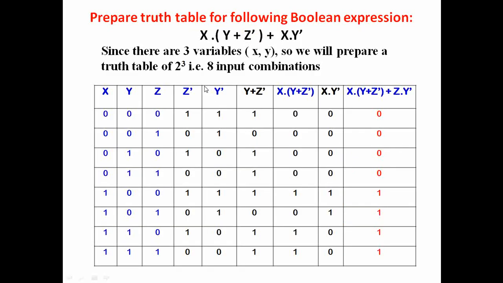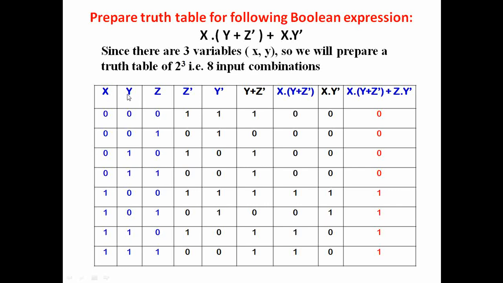Now let us take one more example, and in this example we have three variables x, y and z. So we will prepare, one mistake is there, x, y, z should be written here. So we will prepare a truth table of 2 to the power 3, that is 8 input combinations.